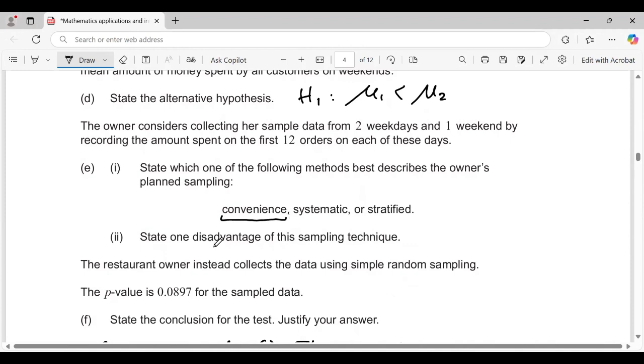State one disadvantage of this sampling technique.